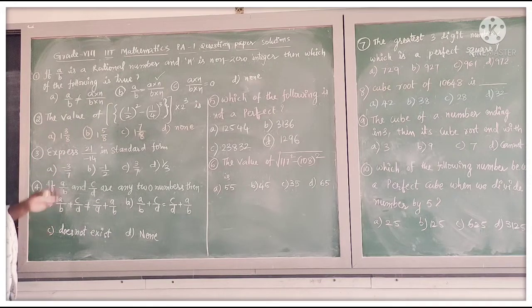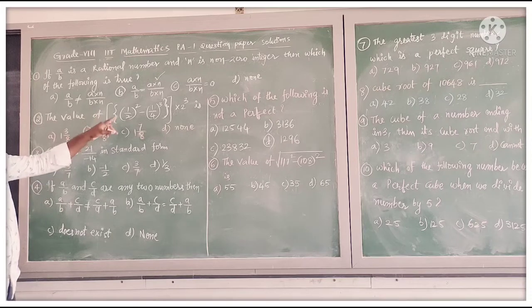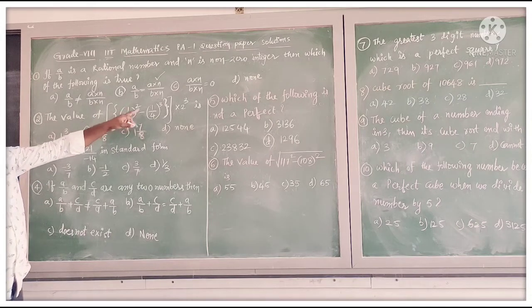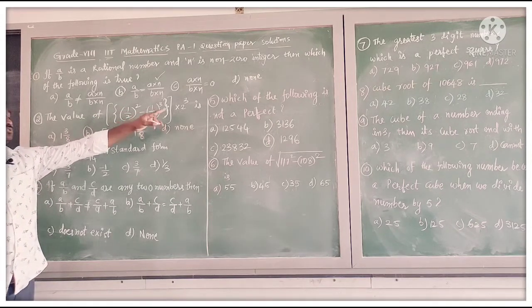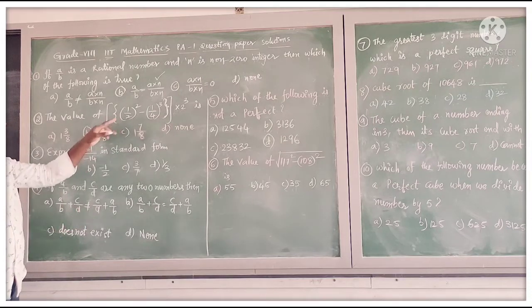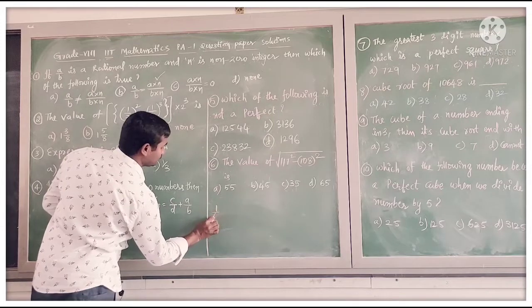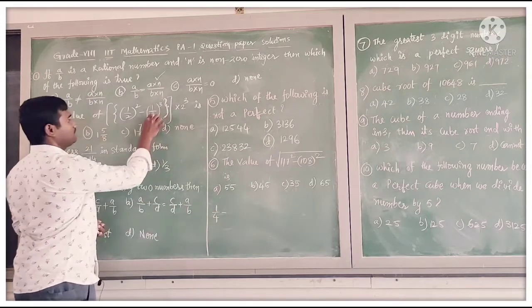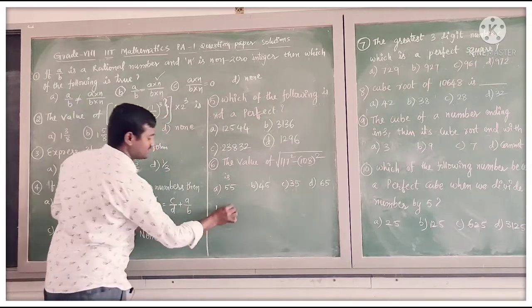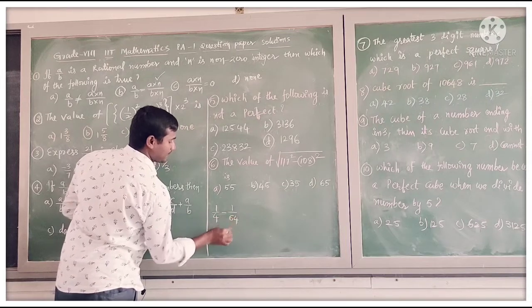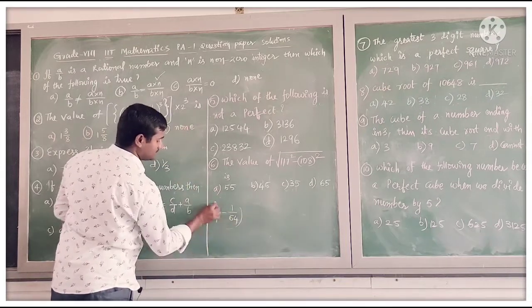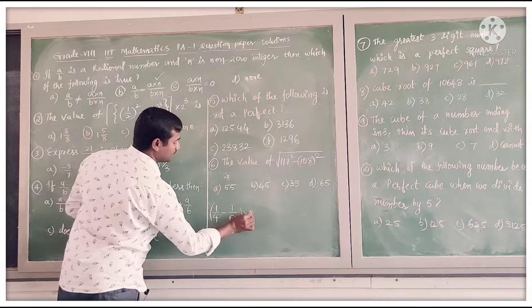Next, second question: the value of (1 by 2) squared minus (1 by 4) cubed into 2 cubed. So 1 by 2 squared is how much? 1 by 2 squared is 1 by 4, minus 1 by 4 cubed is 1 by 64, bracket, into 2 cubed. 2 cubed is how much? 8.